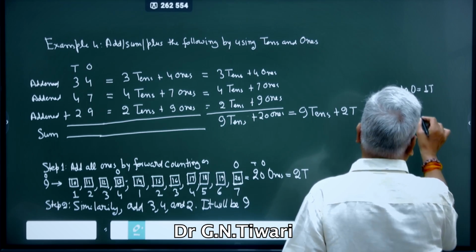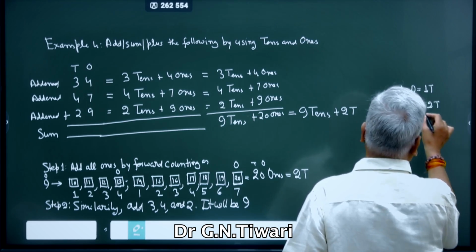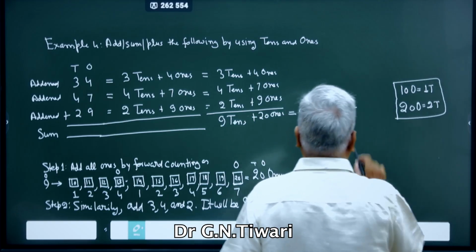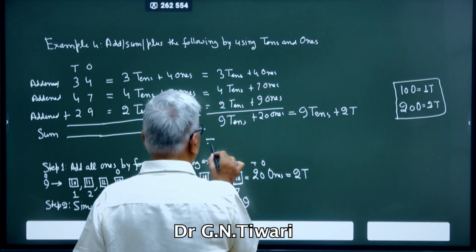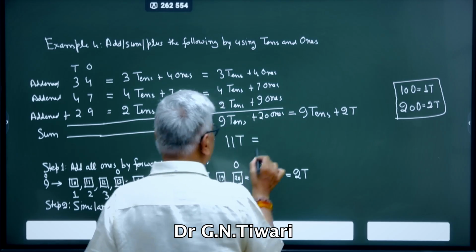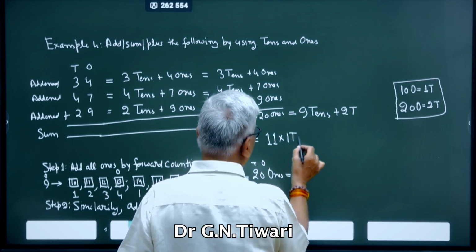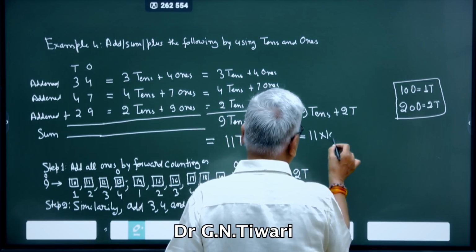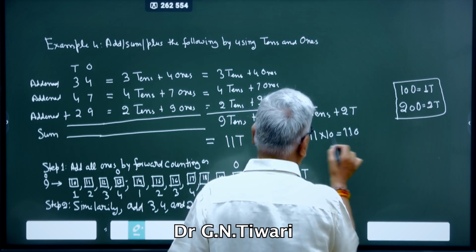This is ones. 20 ones is equal to 2 tens. I have already told you this concept, I am going to use it here. So 9 plus 2 is very simple. 9 plus 2 is equal to 11 tens. 11 tens means 11 into 1 ten. 1 ten is equal to 10. So 11 into 10 is equal to 110.